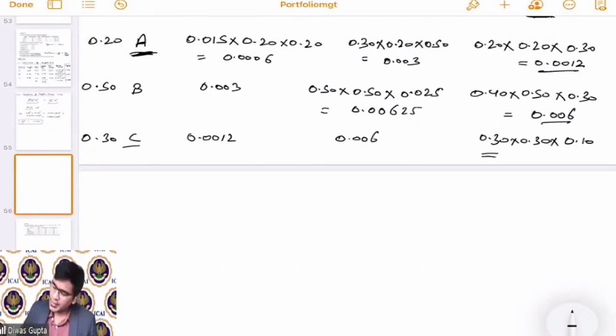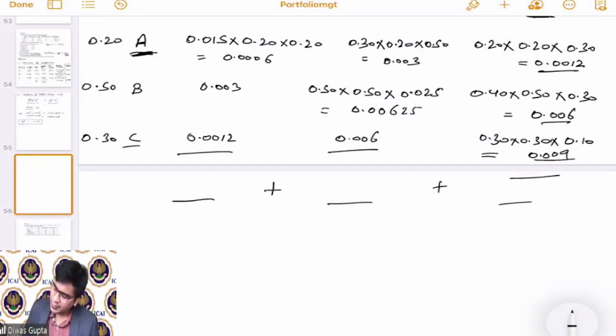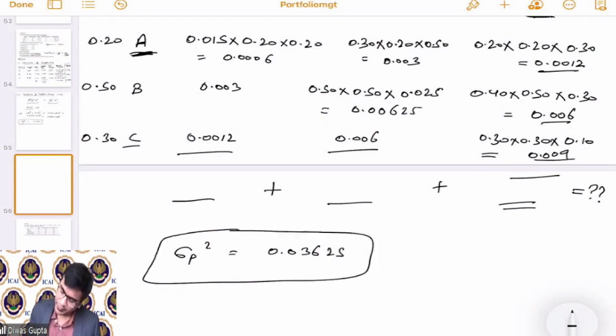So this comes as 0.009. Okay, students. So if we total this both horizontally and vertically, the value comes out to be 0.03625.